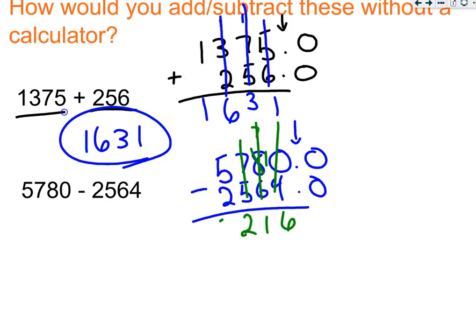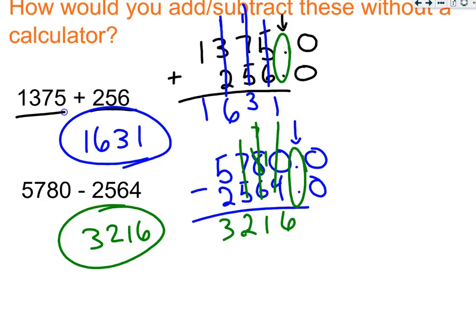And 5 minus 2 is 3, giving me 3,216. So remember, lining up the decimals is very important when doing regular addition or subtraction.